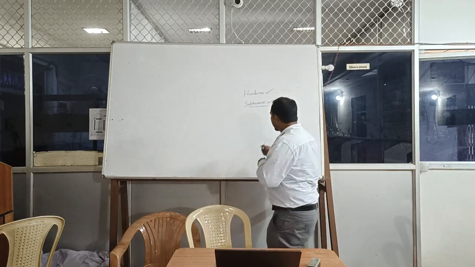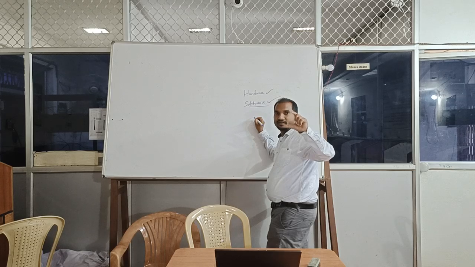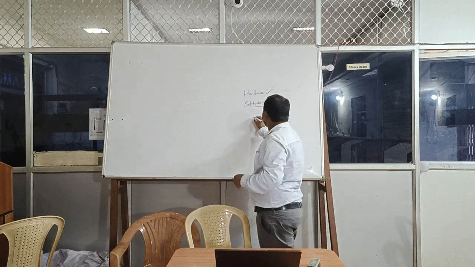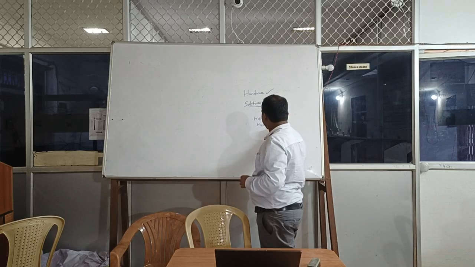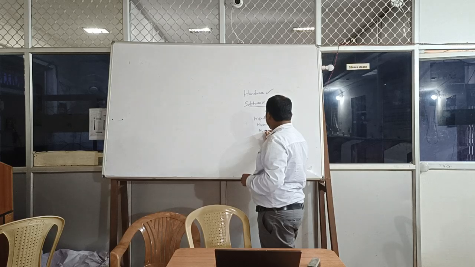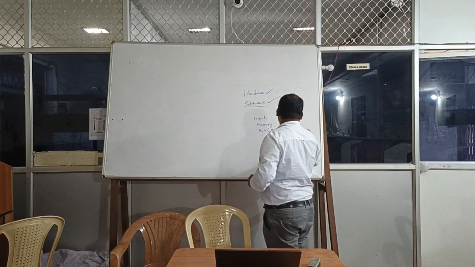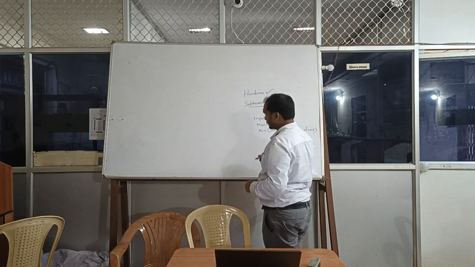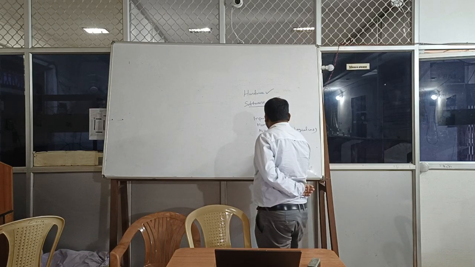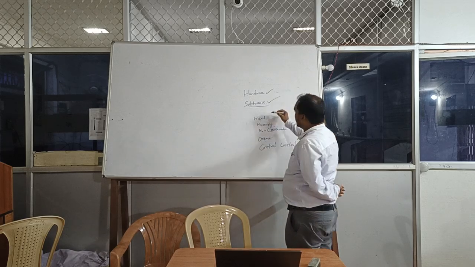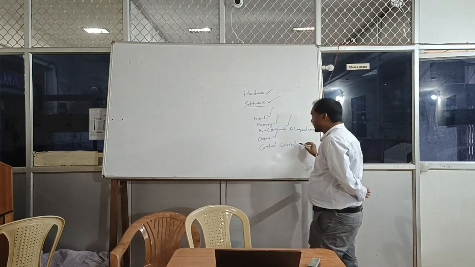I repeat: the functional units of a computer are input unit, memory unit, arithmetic and logical unit, output unit, and control unit.